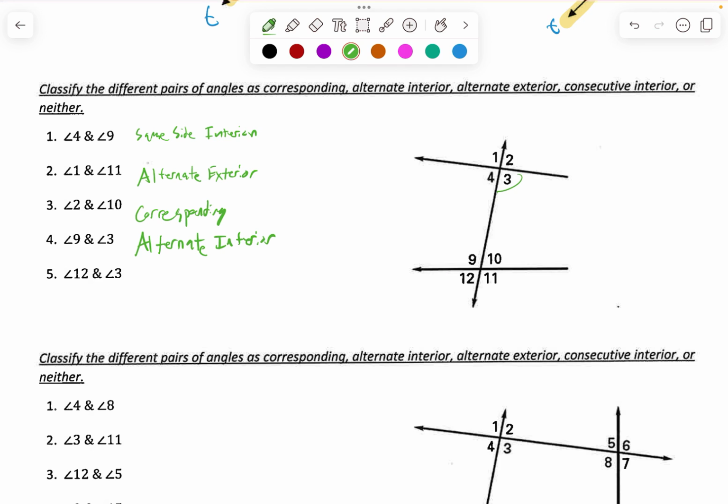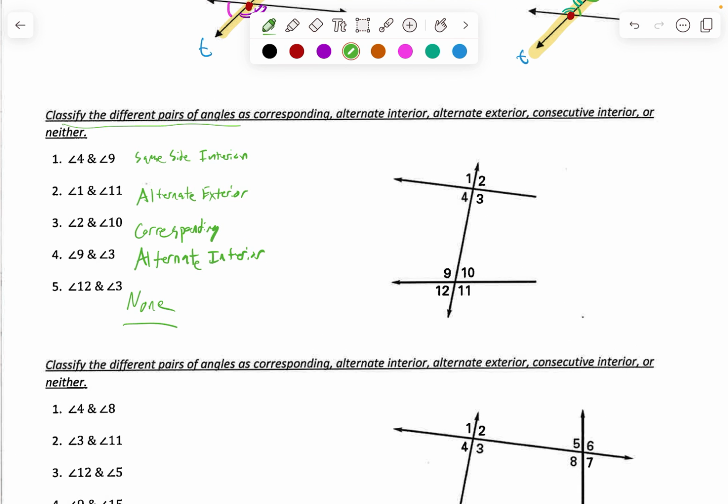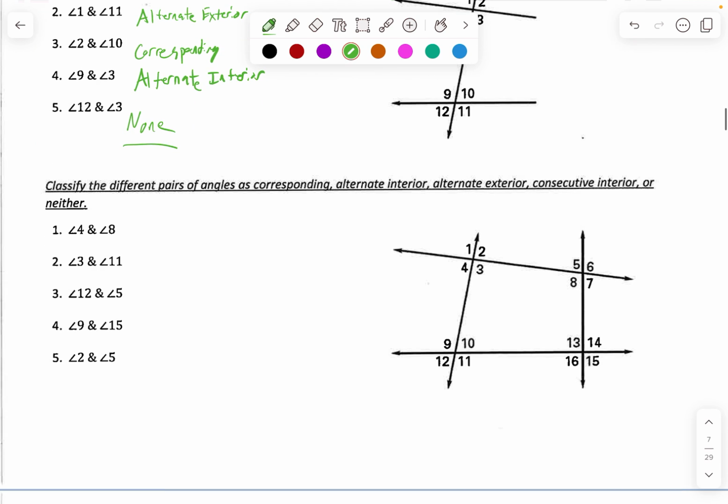Sometimes they have a name for that, but there's no name. We have no relationship here. None. Okay, we didn't talk about anything like that. Classify the pairs. There you go. Okay. Or I guess I should have put neither, since it said in the directions neither, but same idea.